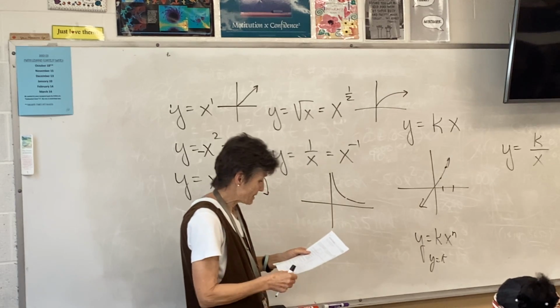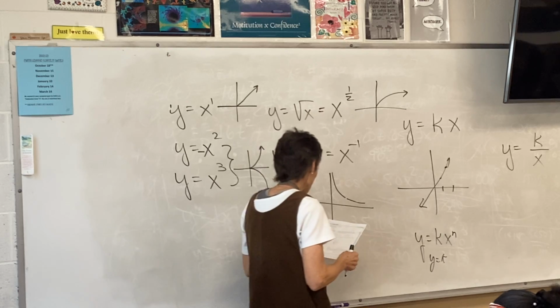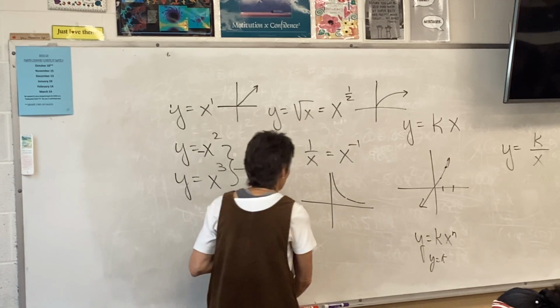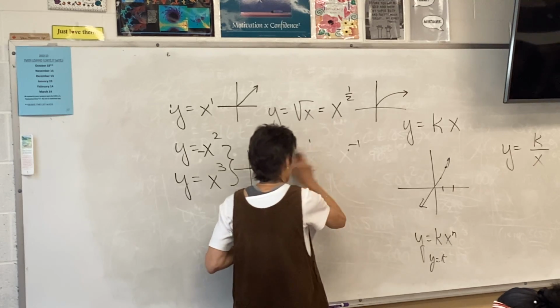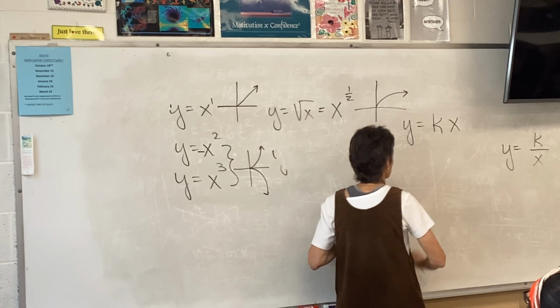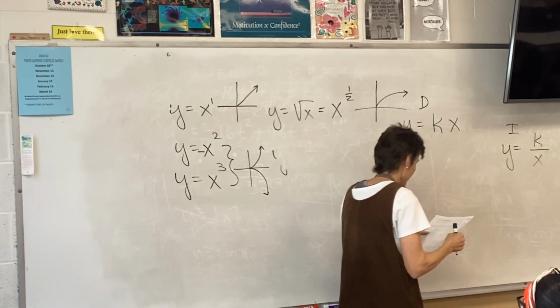On 197, number 17: write the statement as a power function. Use K as the constant of variation. So, we need to remember that if it varies directly, this is our format, and if it varies inversely, this is our format.